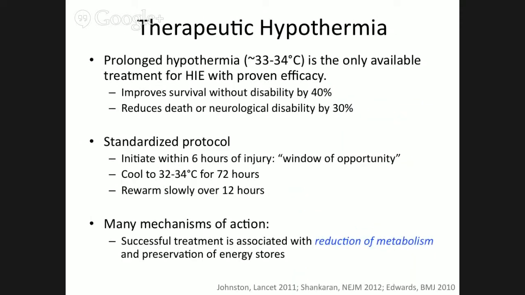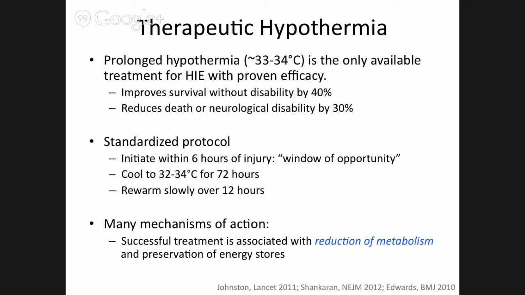And really right now, the only therapy with proven efficacy is hypothermia. So hypothermia improves survival without disability by about 40%, and it reduces death or severe neurological disability by about 30%. It's very standardized right now, so patients are cooled within 6 hours of birth during what we believe is this window of opportunity to initiate therapy before that cascade has progressed too far.